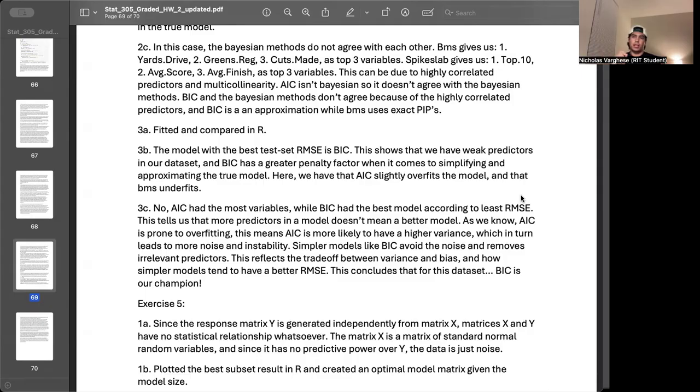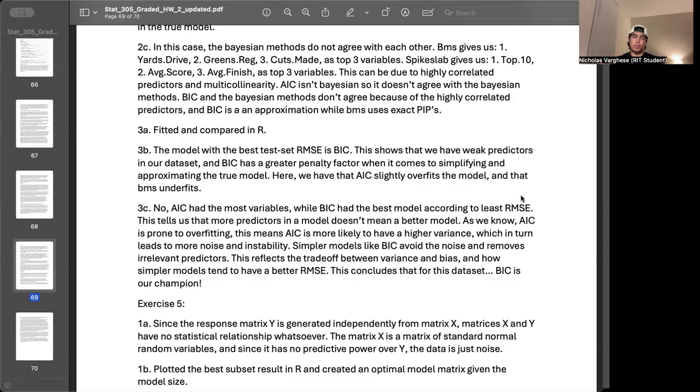AIC commonly prefers more predictors than fewer because it focuses on the precision of the data itself. This means in some cases it might chase the noise and is prone to instability, while BIC tends to find the true model, avoids noise, and removes irrelevant predictors. BIC favors a simpler model as compared to AIC.